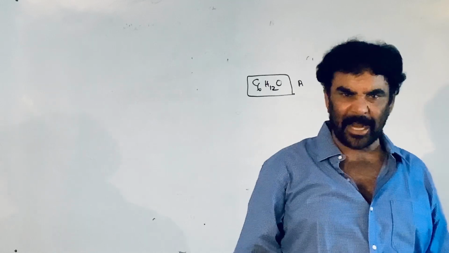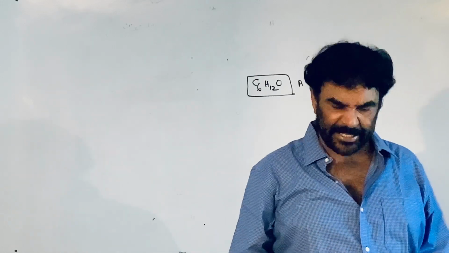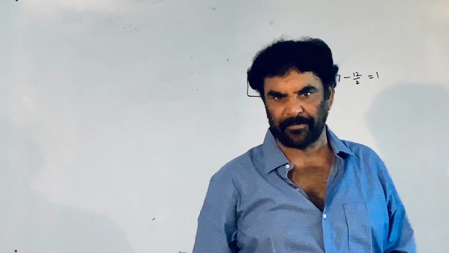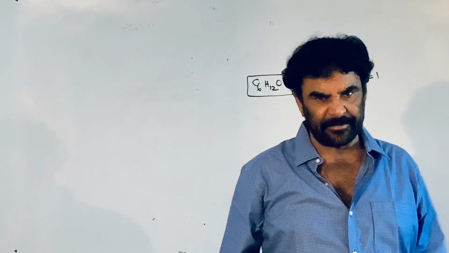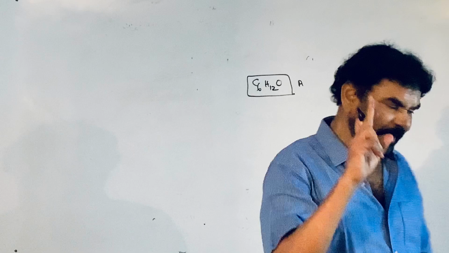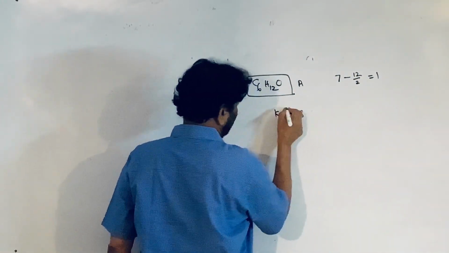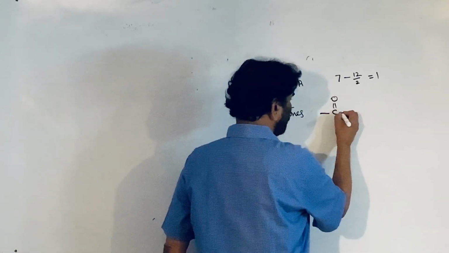Aldehydes and ketones react with sodium bisulfite to give the sodium bisulfite addition product, a solid derivative, but not with Fehling's solution. The Fehling's test is given by aliphatic aldehydes. Therefore, it is a ketone. Remember, it is a ketone, so there must be a C double bond O group.